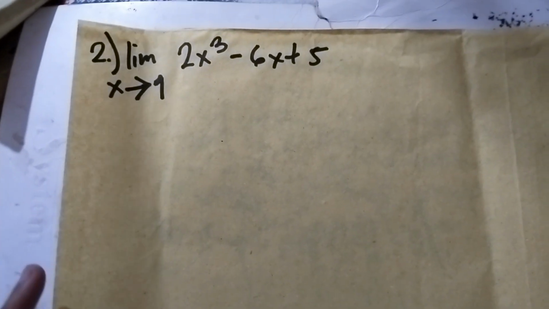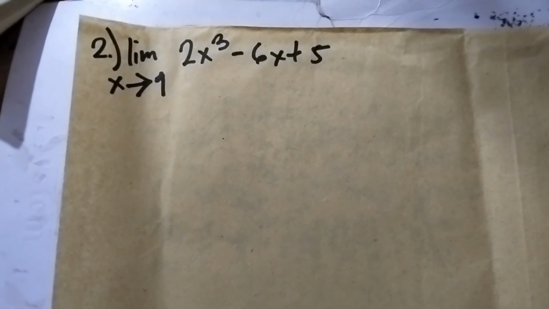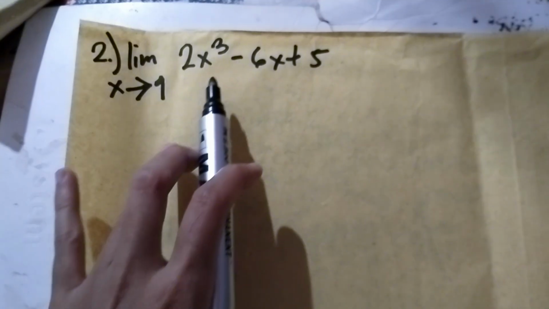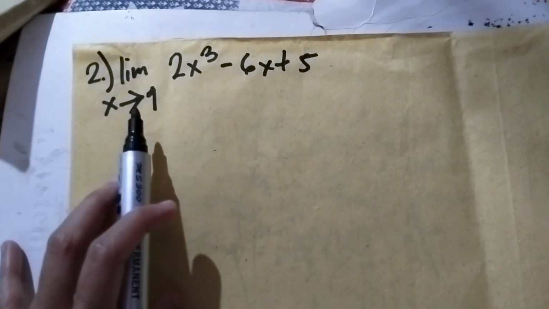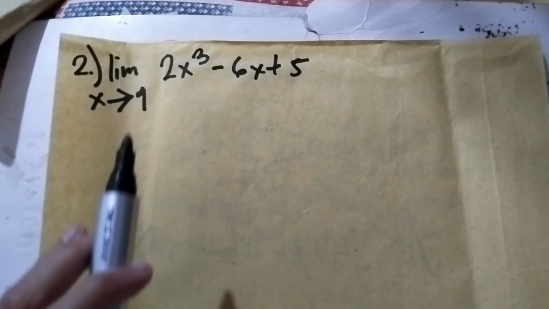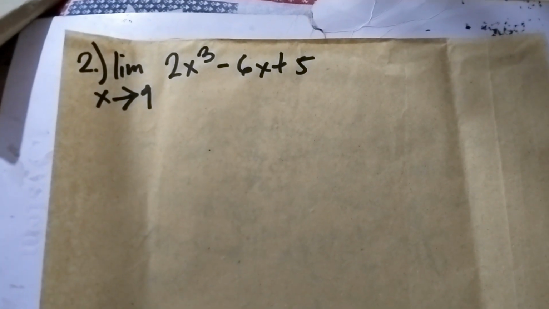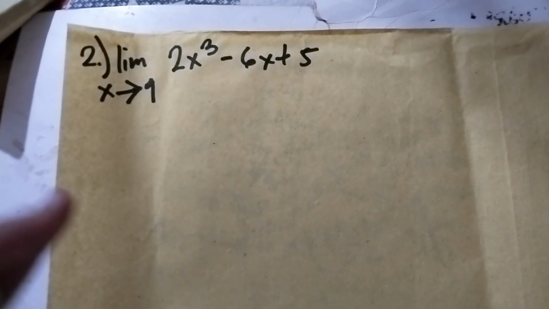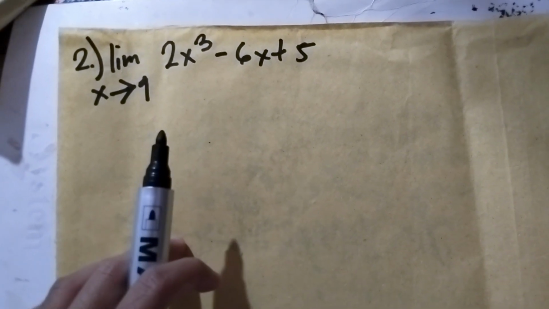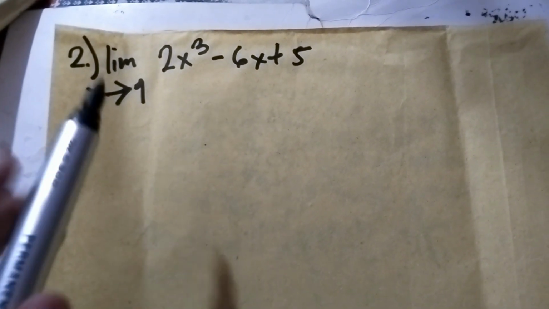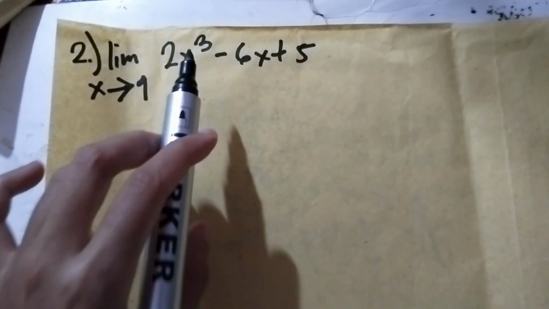So, let us try to solve again. The limit of 2x cubed minus 6x plus 5 as x approaches 1. So, this is a polynomial function. Diba, ta ganiya, a polynomial function is pwede rata mag-direct substitution. So, let us now direct substitute the value of our x.